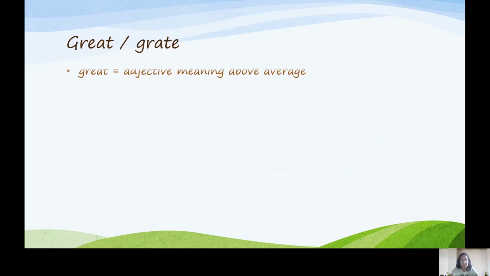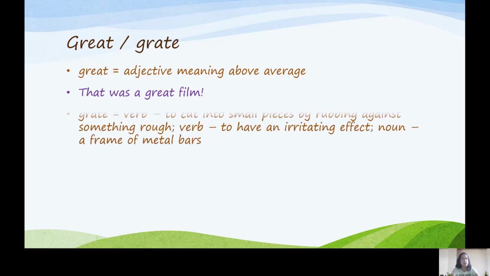Great. The first one is an adjective, meaning above average, very good, brilliant. For example, that was a great film. Or the other word, grate, has a couple of different meanings. It can be a verb, meaning to cut into small pieces by rubbing something against something that's rough.